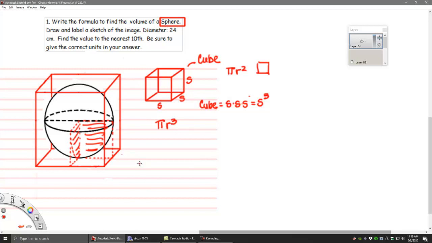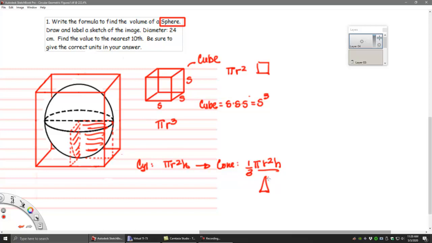Well, here's the idea. To remember, the formula for the cylinder was pi r squared h, and there's our 3 dimensions. We have 2 radiuses and the height. And then we had the cone, and the cone was based on the cylinder. But remember what we had to do at the very beginning of it? We had to multiply it by 1/3 to get that cone out of the cylinder and just keep what we wanted out of that cylinder.